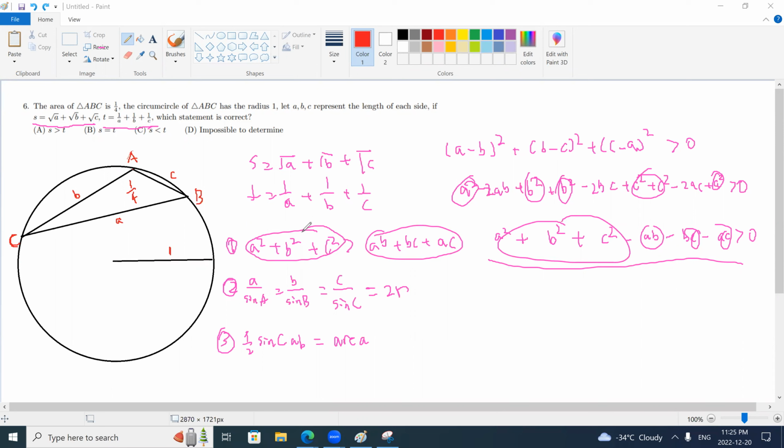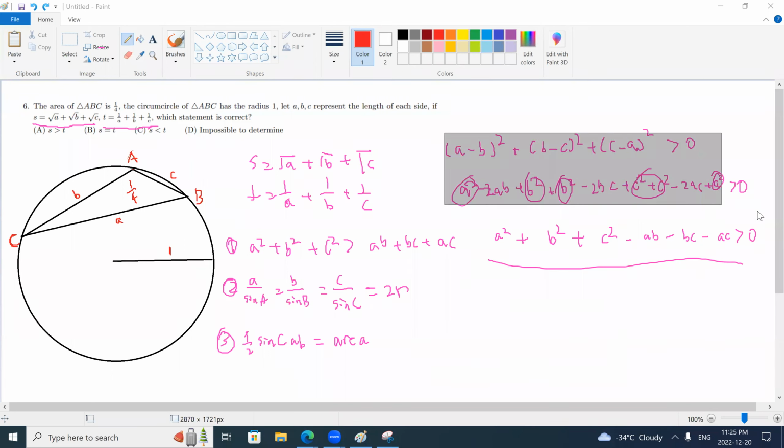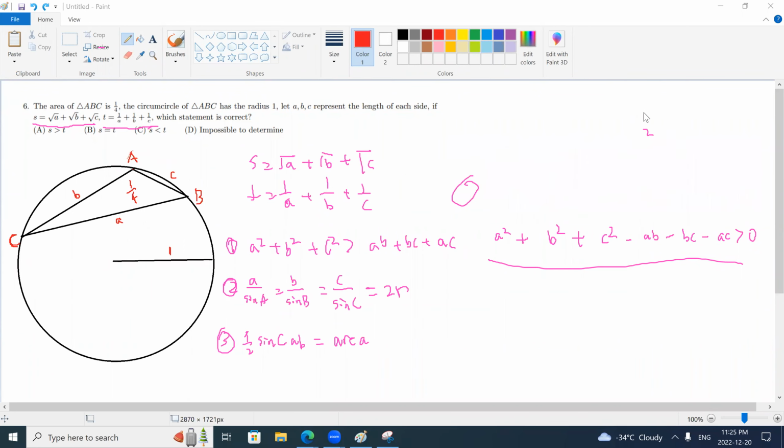So you see, this formula number one's true. But anyways, after this proof, we can start working on the actual questions.